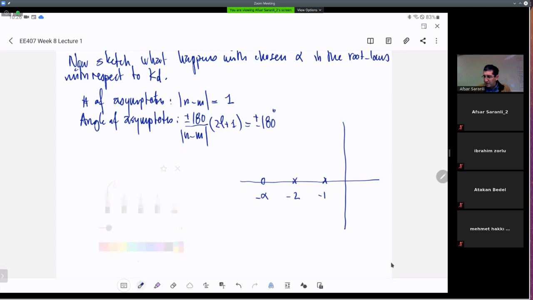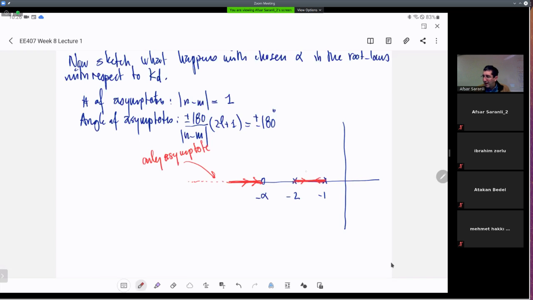So what is the part of the real axis that is part of the root locus? This region, because I have odd number of poles and zeros at the right of the chosen point, and also over here. Okay, remember that root locus starts at open loop poles and has to end up at the open loop zeros. Okay, and the only asymptote is on the negative real axis. This is the only asymptote.